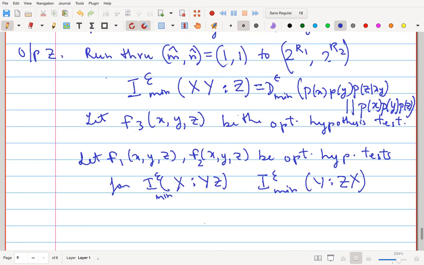In general, these are three different hypotheses because these are three different mutual information quantities. So clear so far? What are the definitions of F1, F2, F3?